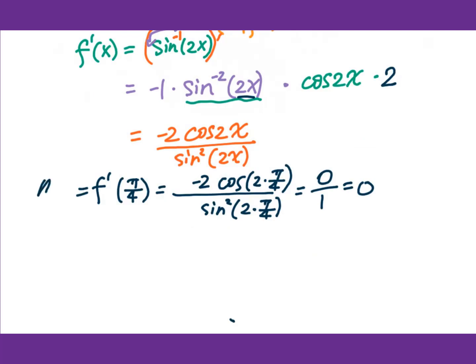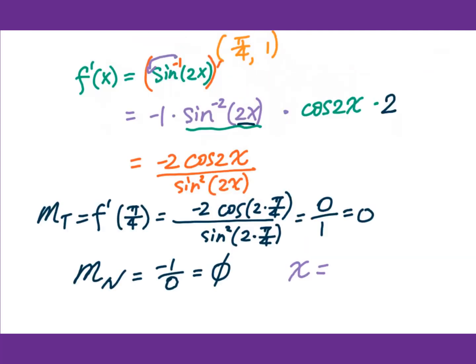This will be the slope of the tangent line. Then the slope of the normal line equals negative 1 over 0, which means undefined. For undefined, your equation will be x equals pi over 4. This will be the equation of the normal line.